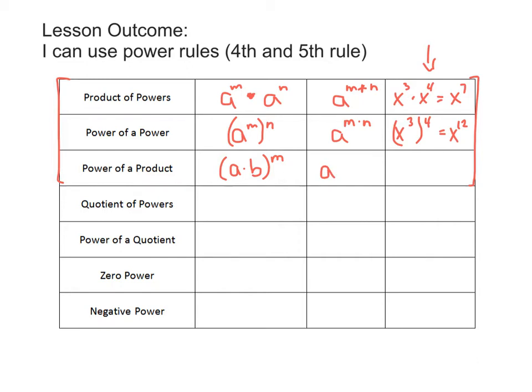So a to the m times b to the m. An example of that might be x times y in parentheses raised to the third power. And what that will be is we can raise x to the third, and we can also raise y to the third.